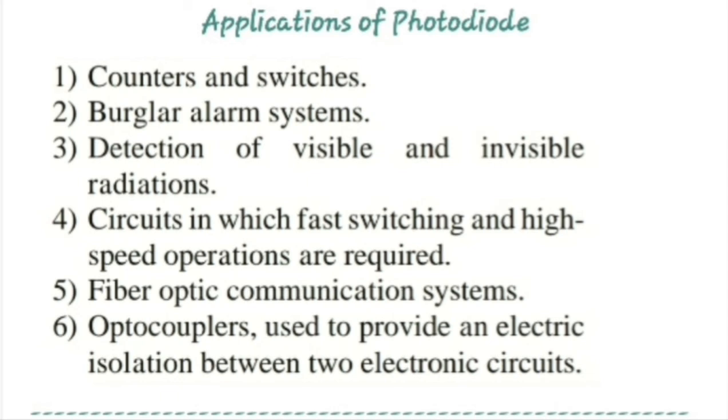Photodiode can be used in such a process. Again, the optocoupler is a very popular type of semiconductor device in which we can use a photodiode. Optocoupler basically provides electrical isolation between two different electronic circuits, so here we can also use photodiode. So these are the different applications of photodiode we may see.